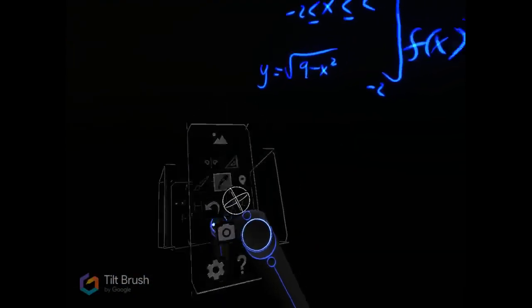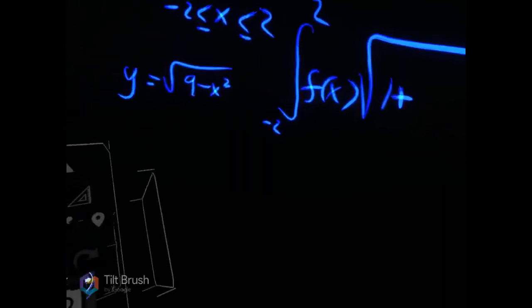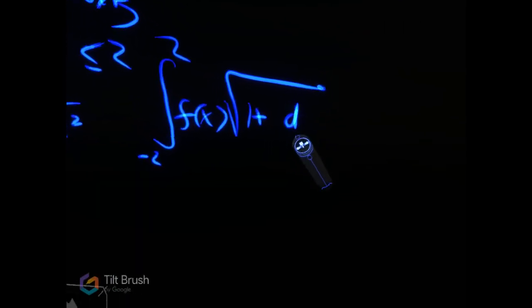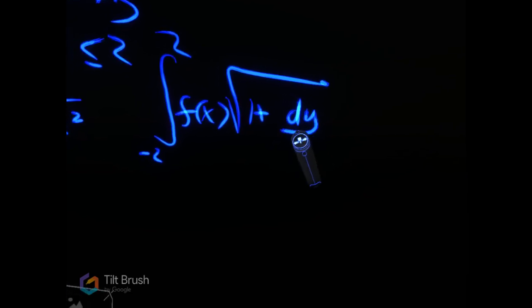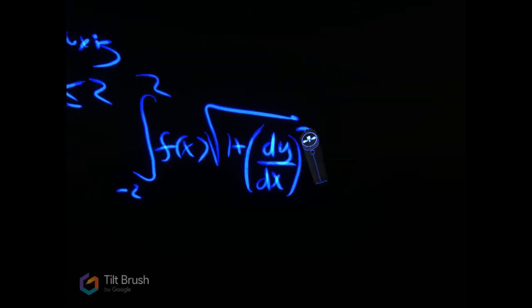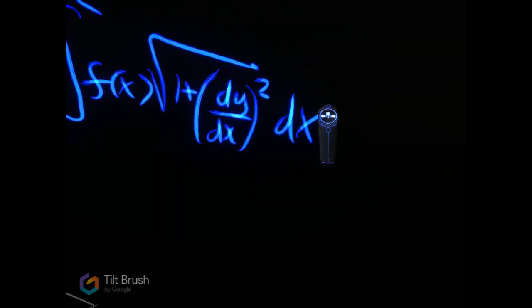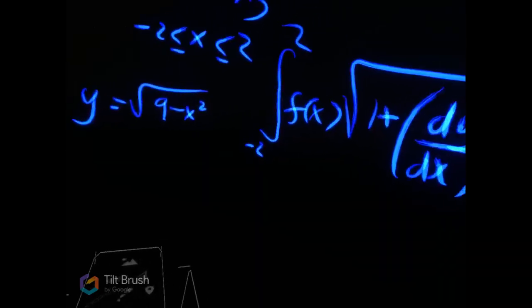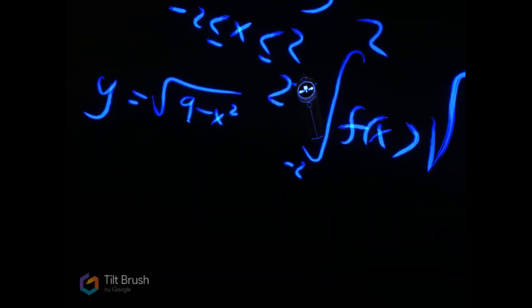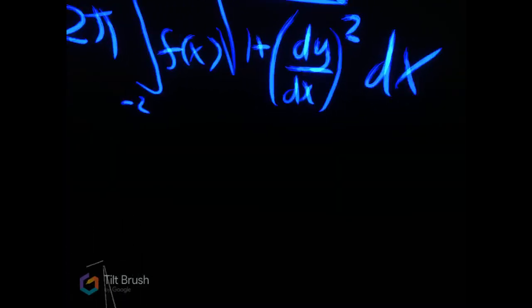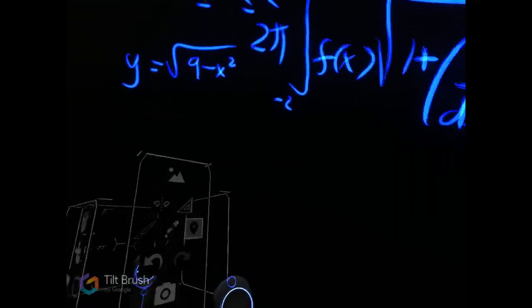Just right. Okay. I think that's how you do it, right? Because we're doing the x-axis, we want dx, so we're going to have dy dx squared, dx. But if I'm not mistaken, there's a 2 pi somewhere in the formula. I forget, though. I think it's something like that.